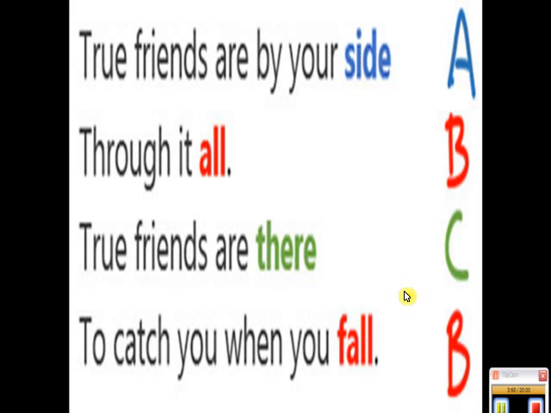Let's proceed to the third line. True friends are there. Does there rhyme with side? The answer is no. Does it rhyme with all? The answer is still no. That's why you're going to write C.